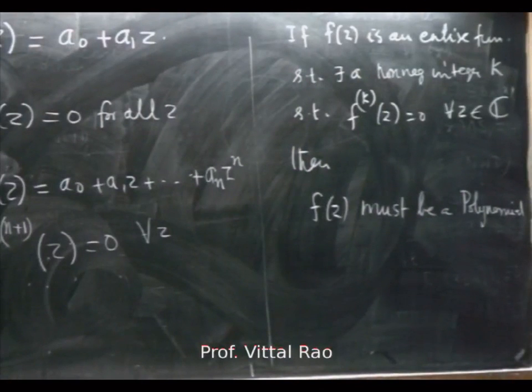So this is the characterization of polynomials. How is a polynomial characterized? There is some order whose derivative must be 0 for all z.